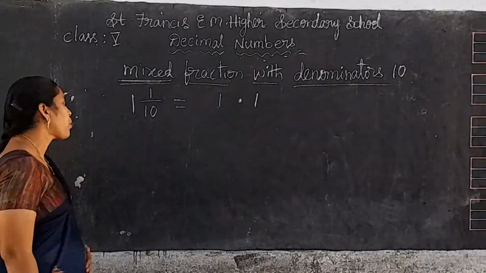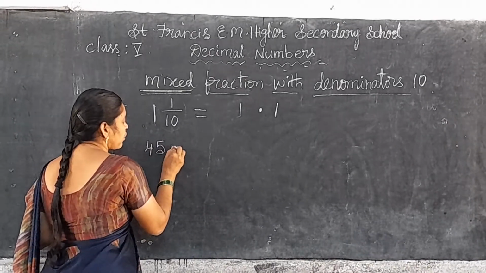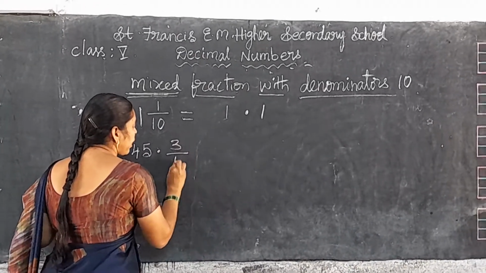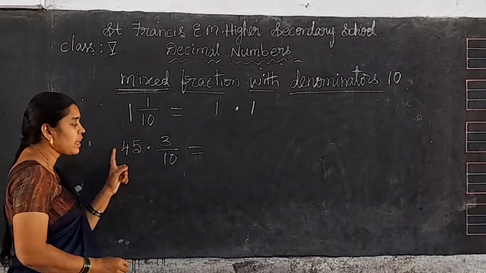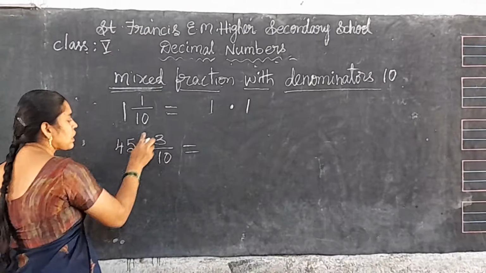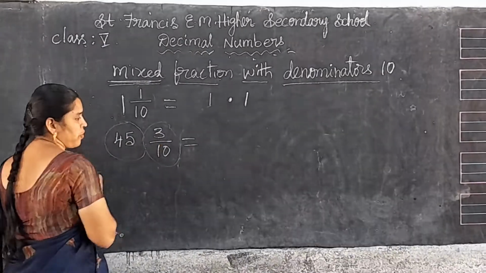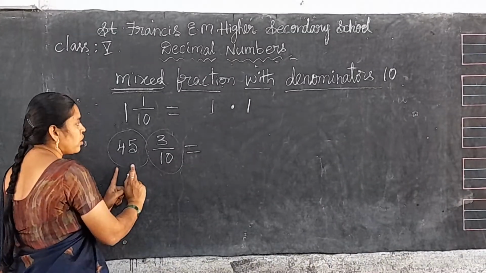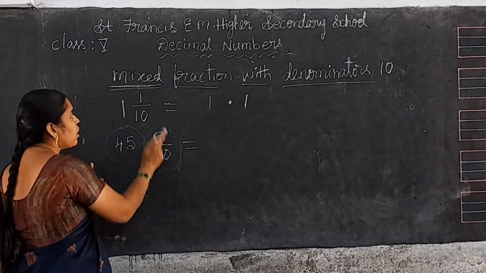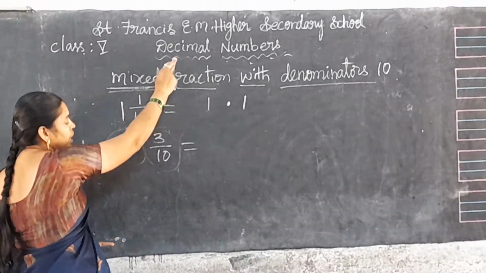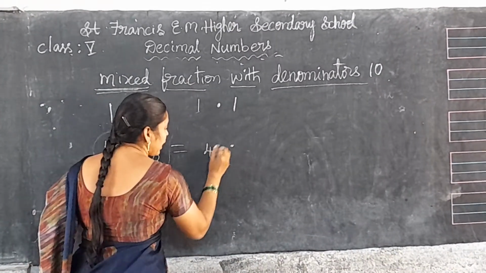Okay children? Suppose one more example I will explain. 45, 3 by 10. 45 is a whole number, right? 45, 3 by 10. This is a mixed fraction. This is the whole number and this is the proper fraction. This is the combination of whole number and proper fraction. That you should convert into a decimal number. The whole number you should write before the point, right?